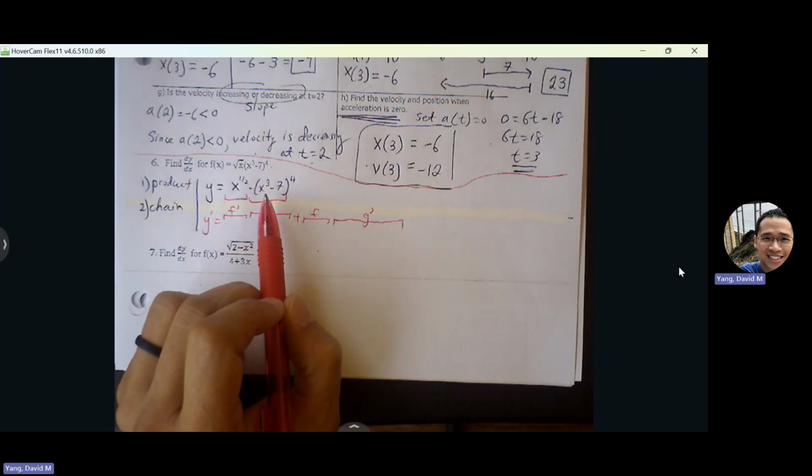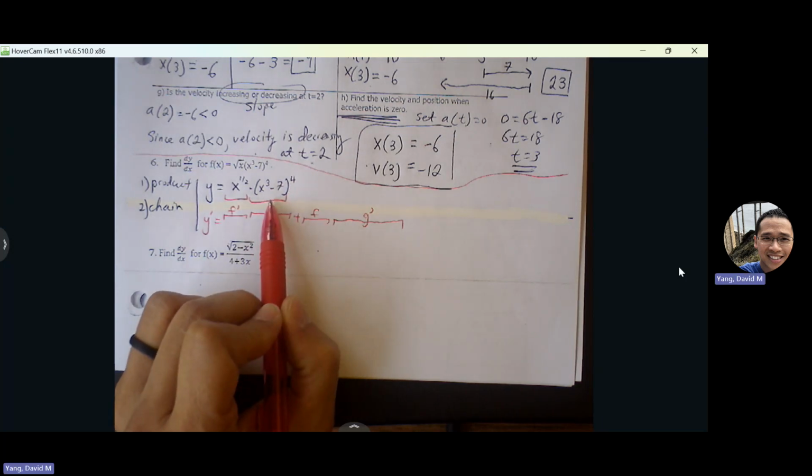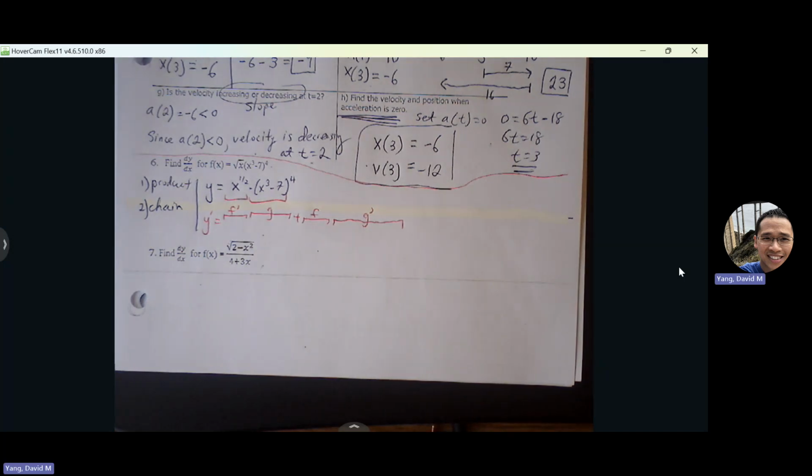If you did chain before product, I guess you could do chain just to get information, but chain before product won't give the right answer. A chain before product will look more like this.